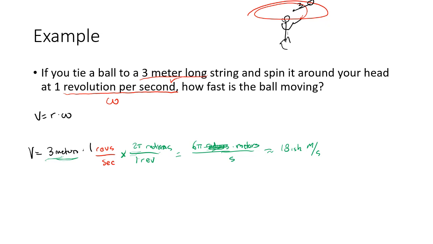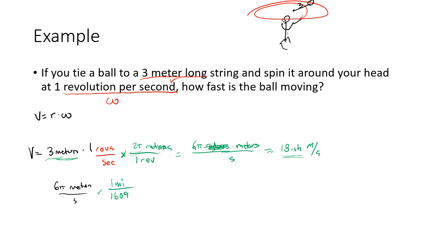So let's get this 18-ish meters per second into a more common unit of velocity. We're going to take that 6 pi meters per second, and I want to put this in miles per hour. So I'll multiply this by, there are about 1,609 meters in 1 mile.